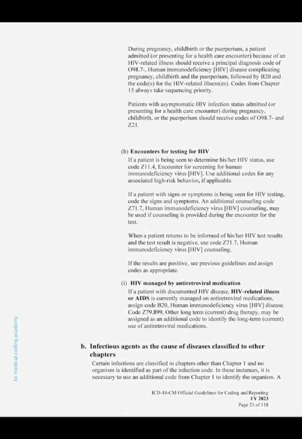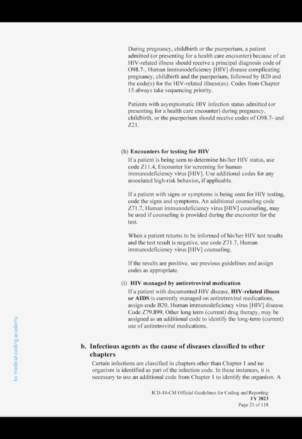H. Encounters for testing for HIV. If a patient is being seen to determine his/her HIV status, use code Z11.4, encounter for screening for human immunodeficiency virus, HIV. Use additional codes for any associated high-risk behavior, if applicable. If a patient with signs or symptoms is being seen for HIV testing, code the signs and symptoms.